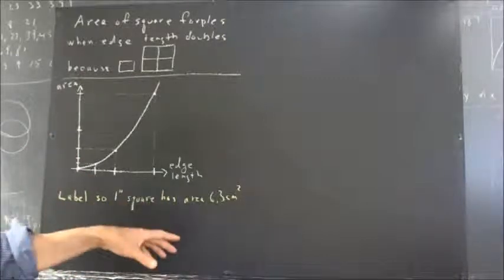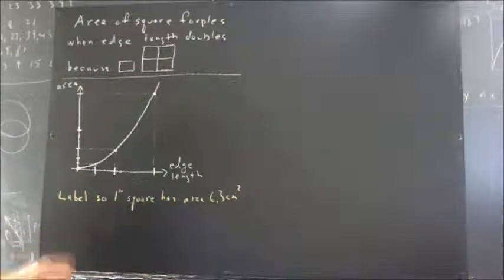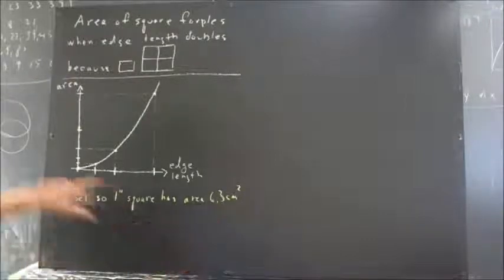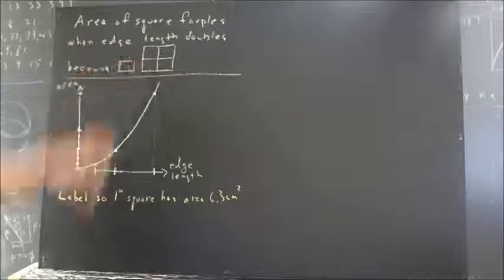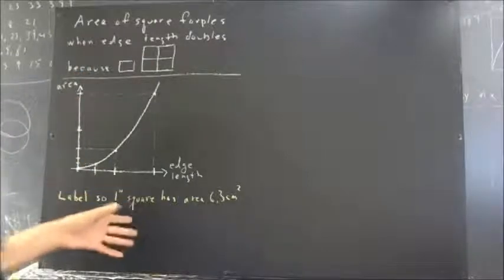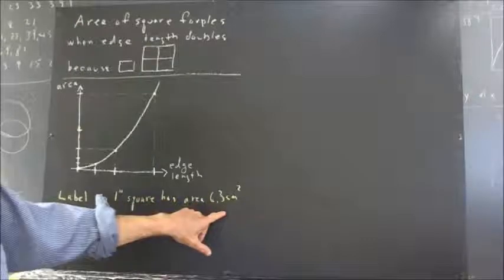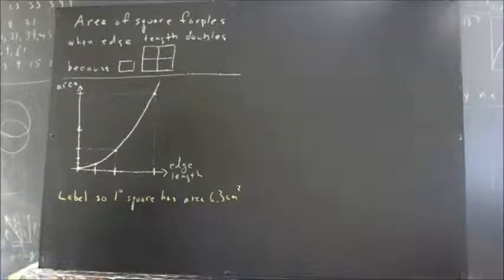The simple idea is that an inch is 2.54 centimeters. That's basic knowledge. If you square 2.54, you get 6.3. In any case, we can label a 1-inch square that has this area, and then we get a graph that contains the information about how an area in square inches compares to an area in square centimeters.